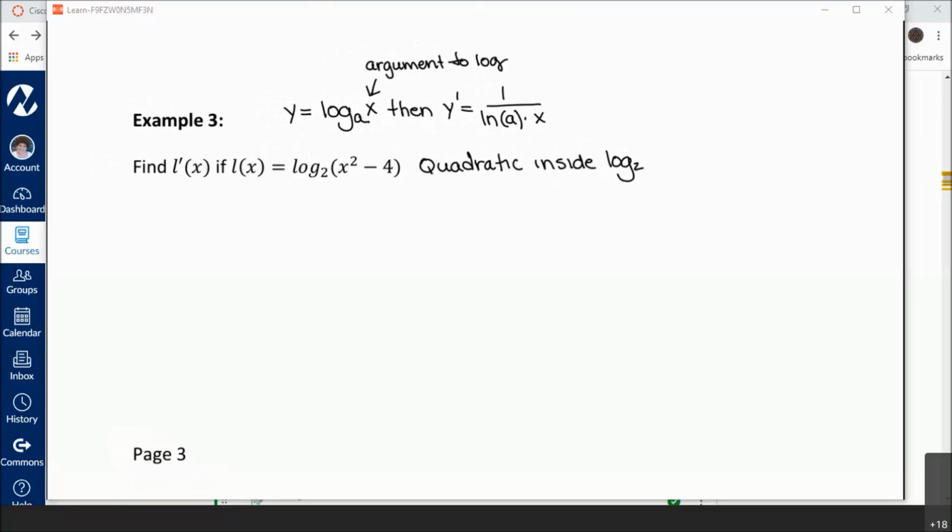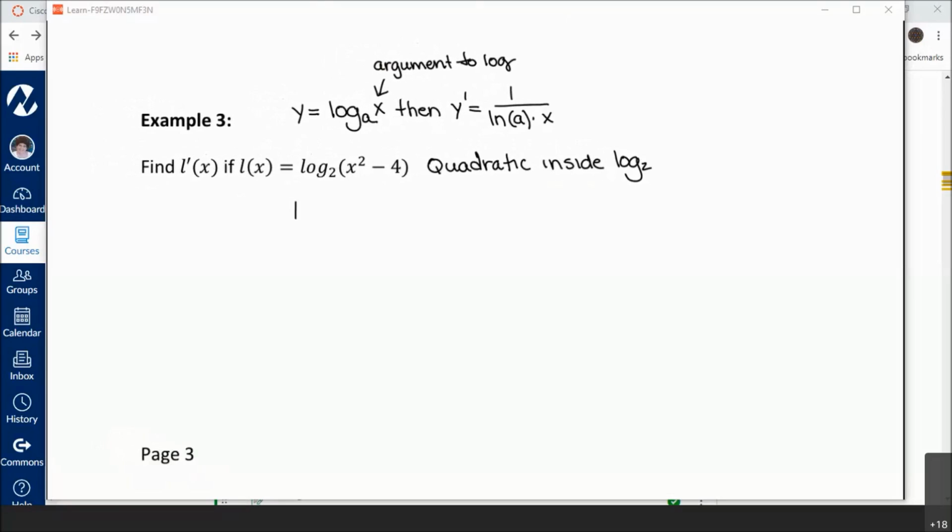So I'm going to try to differentiate L prime of x. Okay, so I want to do the outer function, which is my log function. Okay, so that is going to be 1 over ln of the base, which is 2, times the argument. Okay, so that's the derivative of the outer function, the log function.